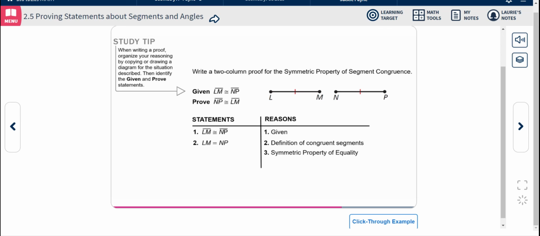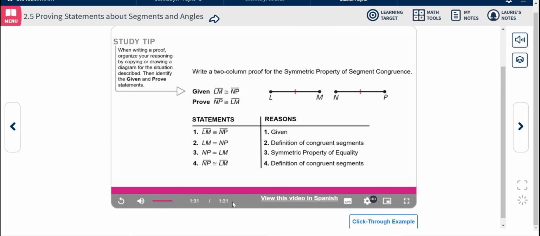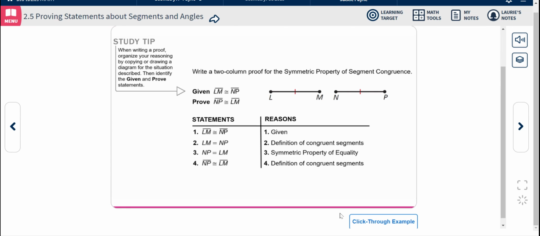Then by the symmetric property of equality, NP is equal to LM, which means the line segments NP and LM have the same length. So by the definition of congruent segments, line segment NP is congruent to line segment LM. So that's your first geometric proof.